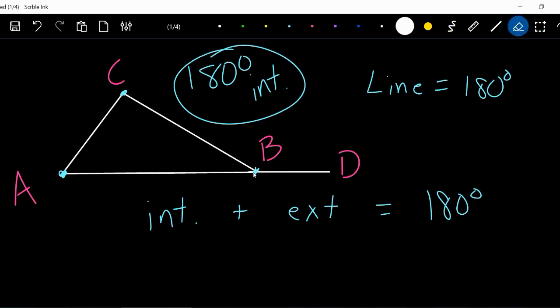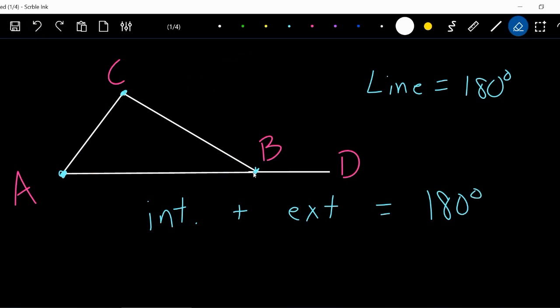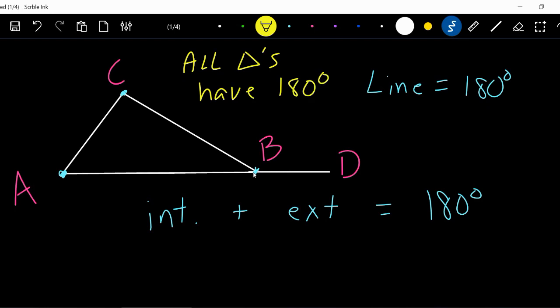It's an informal statement, but it is like a law, a rule that you need to know. All triangles have 180 degrees. So that's our informal statement.